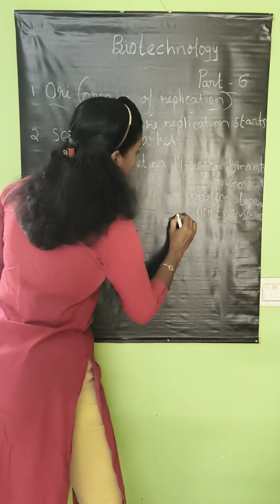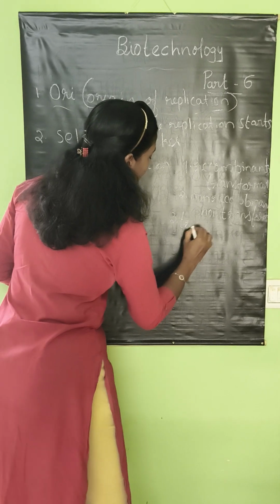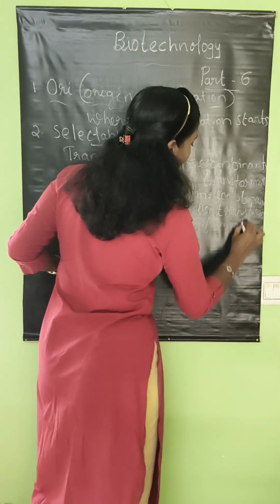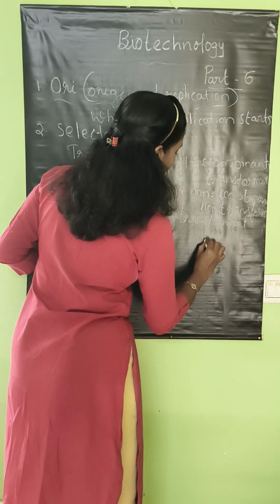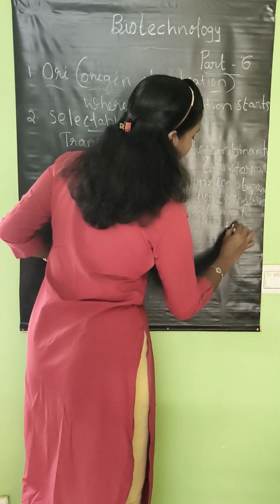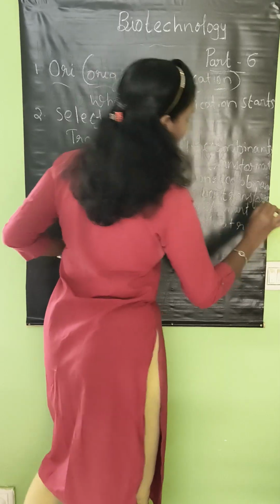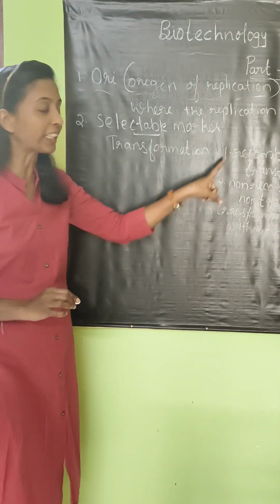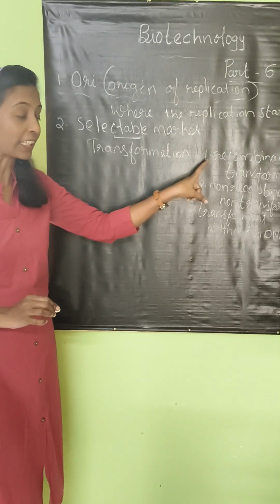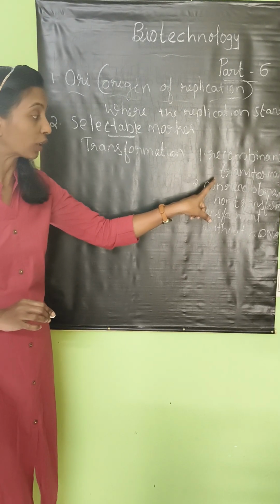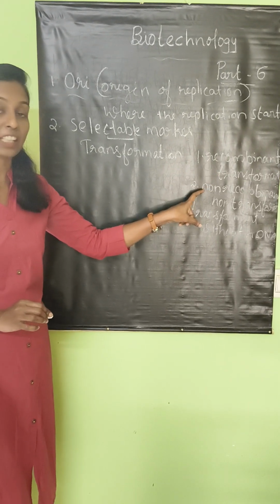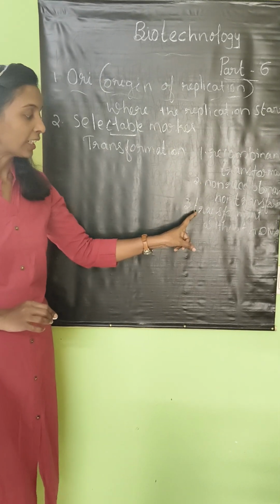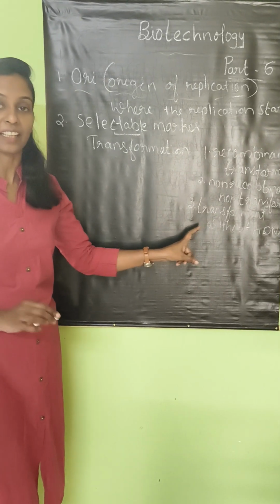The third is transformant, but without rDNA. So after the process of transformation, these three things can take place: recombinant or transformant, non-recombinant or non-transformant, and transformant without rDNA.